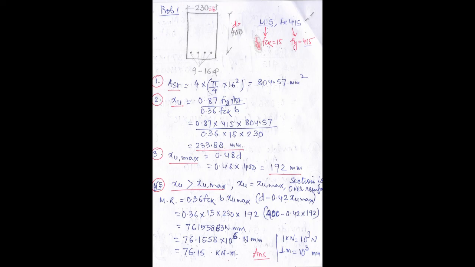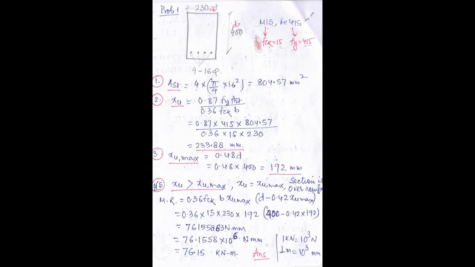What is the value of d? 400 minus 0.42 into Xu max, which is 192. Correct? So if we put the value, the calculation comes out to be 76.1558 into 10 raised to 6 Newton millimeter.